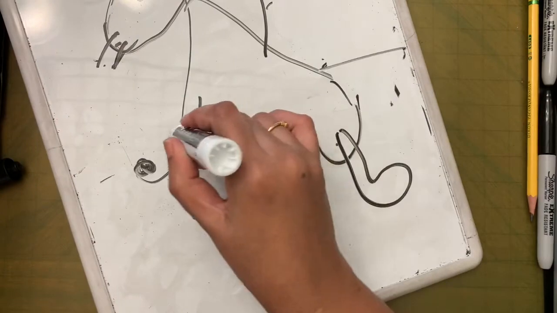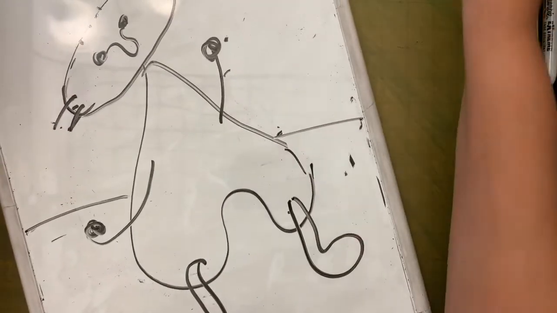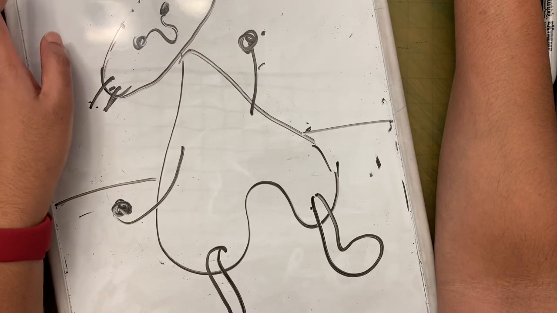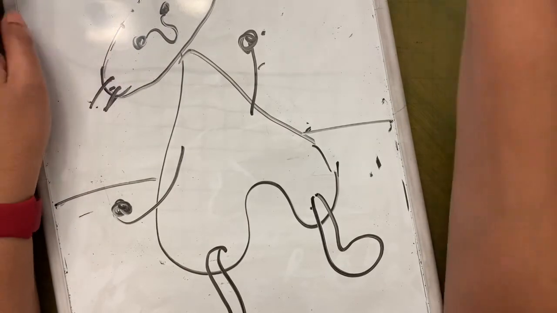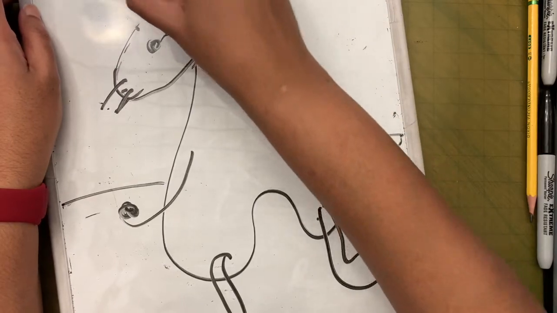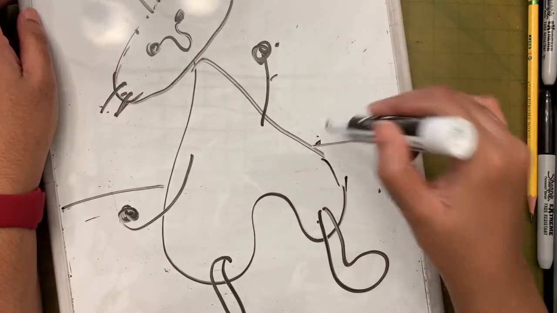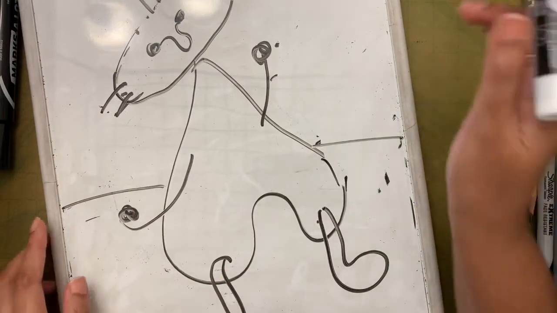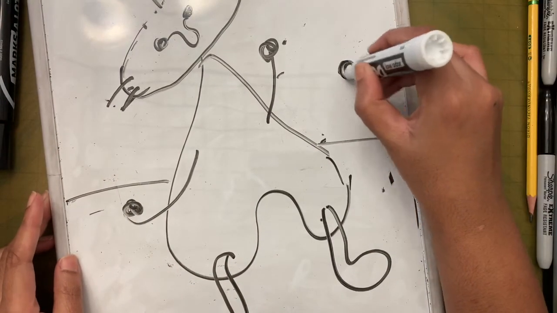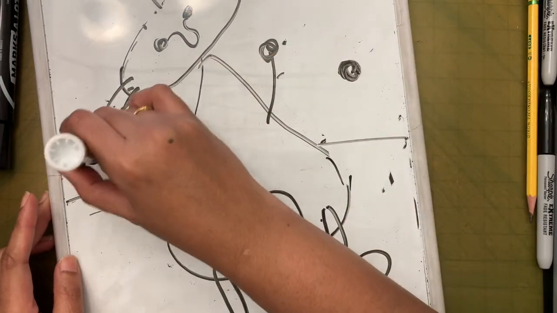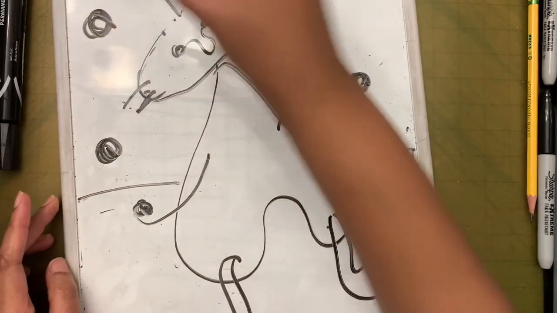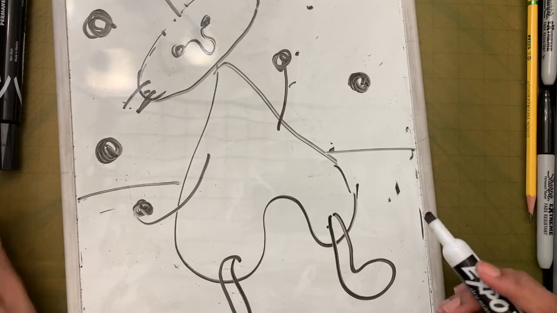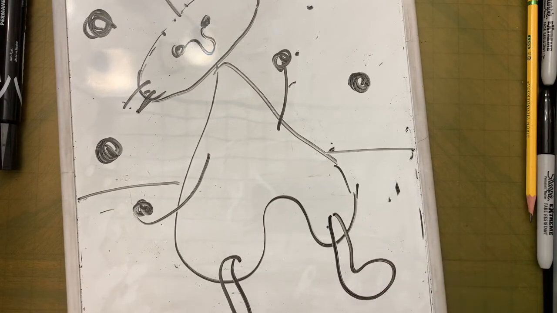Maybe I'm going to add this line like that to make it look like a horizon line, to make it look like he's standing on the ground. And then maybe I'll add another line like this, so we can divide this into, we are going to do a simple Miró thing, and then we can put some dots like that. Okay, so that's the simplest thing that we can do. So let's just stick to that.